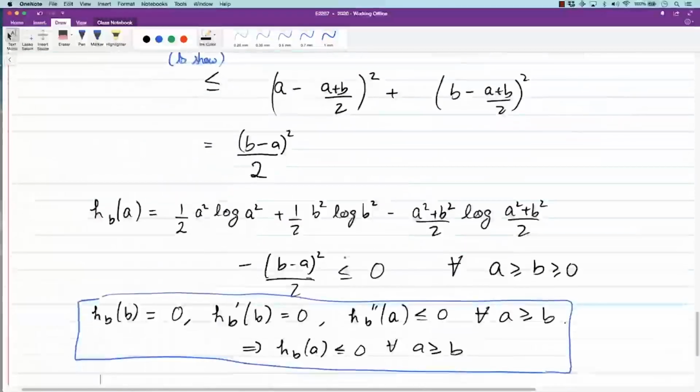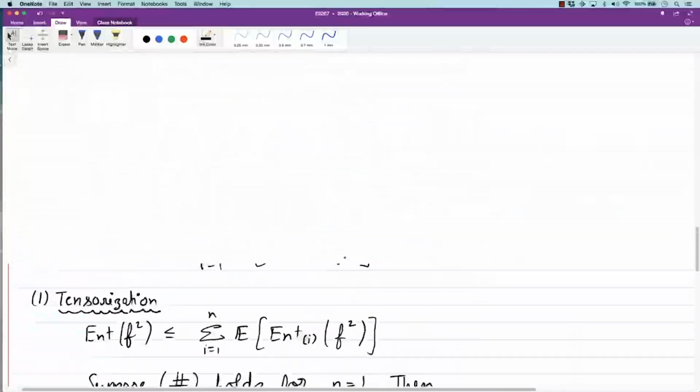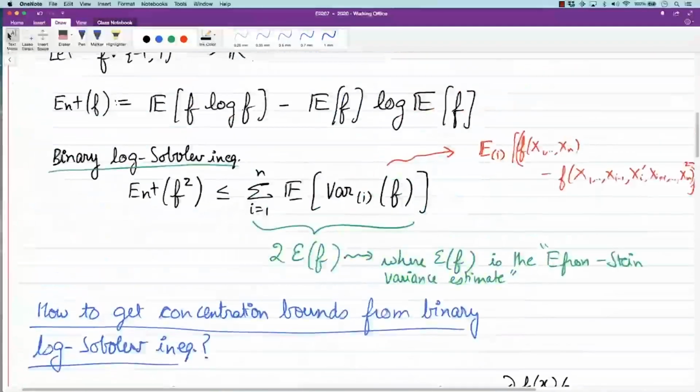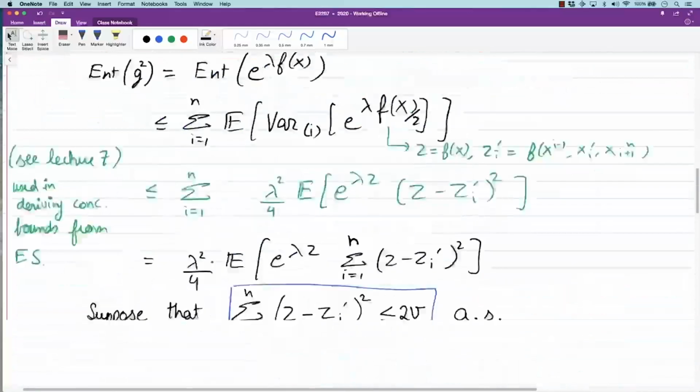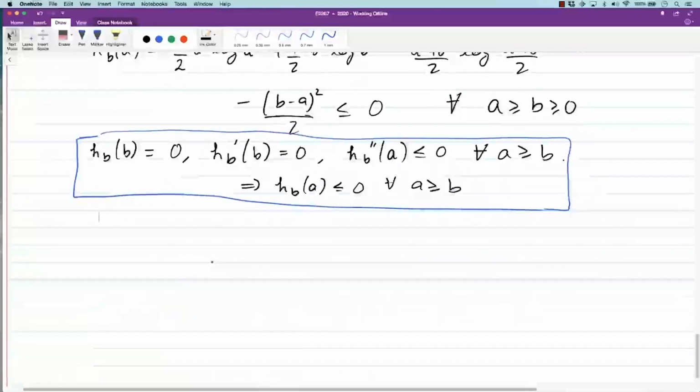Okay. Next, the main part of this is this binary log-Sobolev inequality. Now, recall that earlier when we were deriving the Gaussian Poincare inequality, we actually derived it using a similar Poincare kind of inequality on the Boolean hypercube. And that's something we will do again.